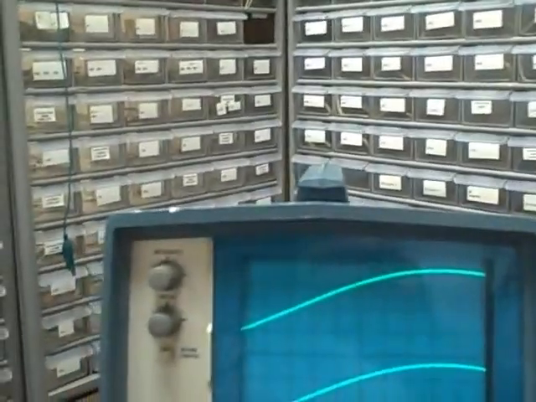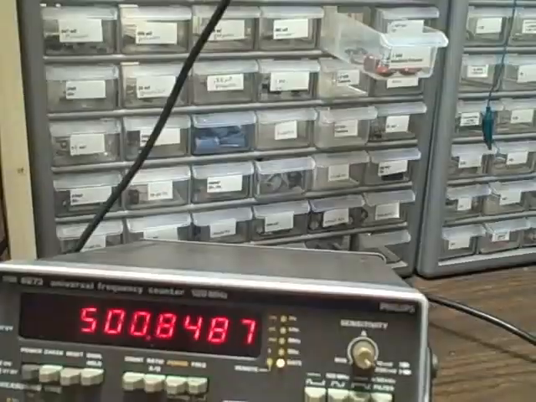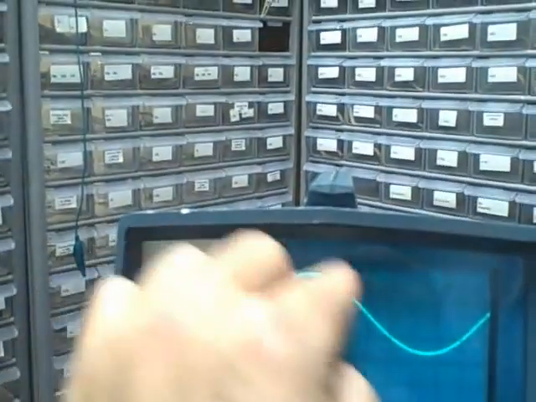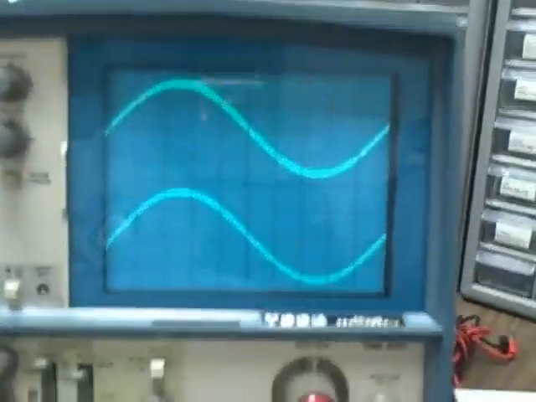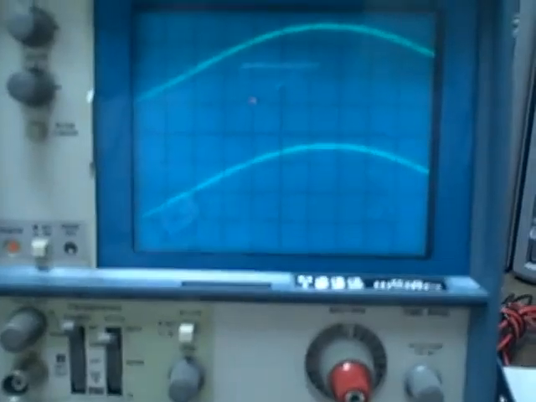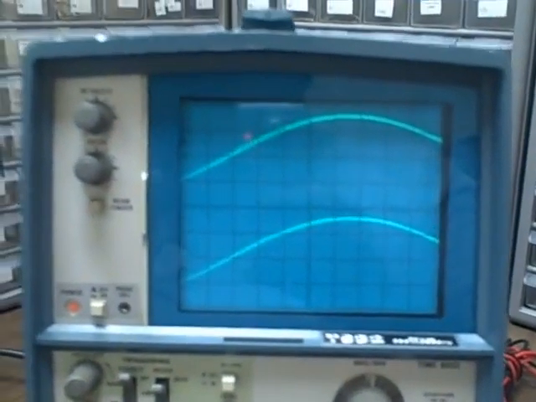0.2 microseconds per division. 500,000 hertz, and we see that we complete one cycle in 10 divisions. And then last, 0.1 microseconds per division.